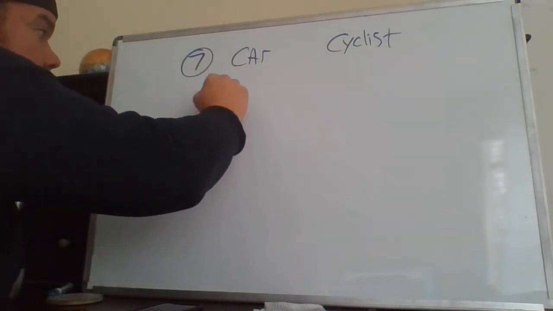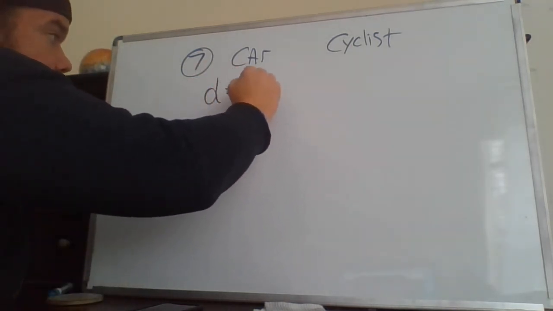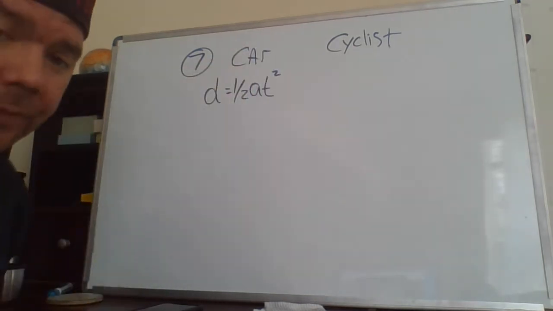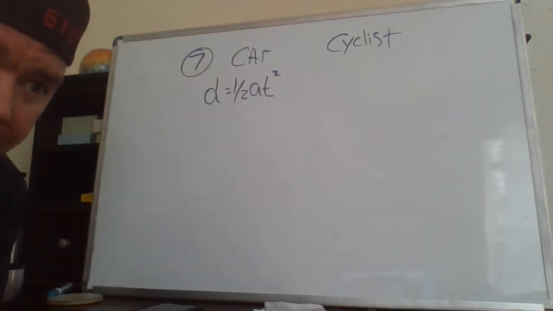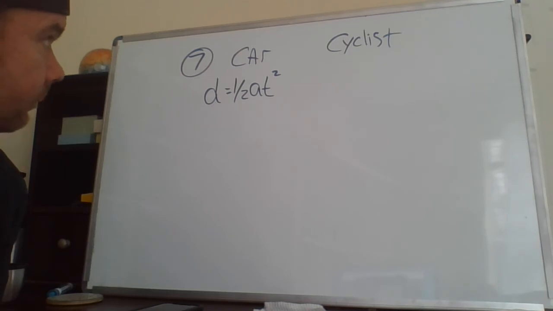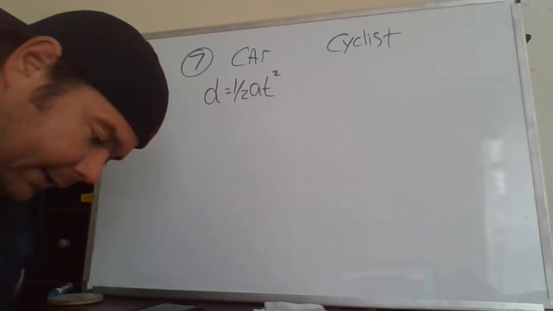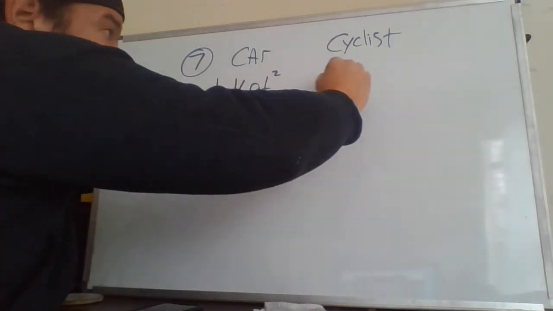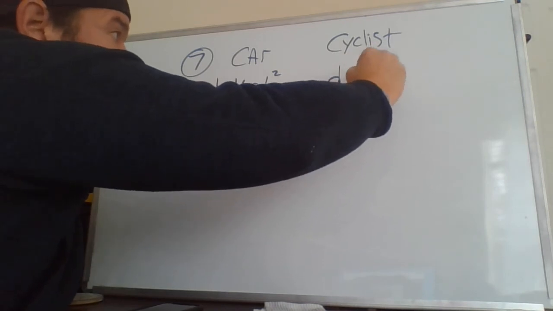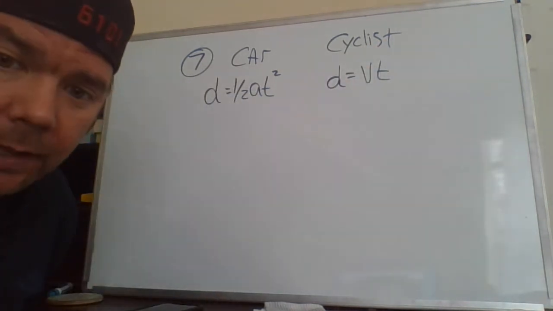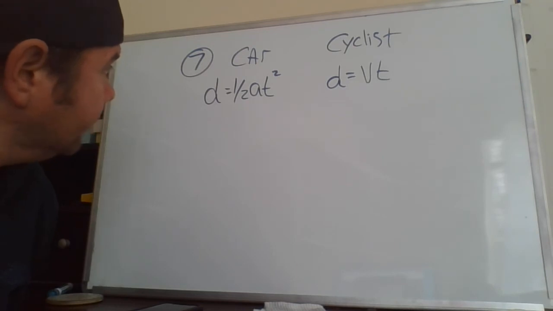The car is accelerating. Okay, so for the car, the distance that the car moves is given by the equation 1/2 a t squared. The cyclist is moving at a constant velocity, so that's a simpler situation. That's just distance equals velocity times time. All right.